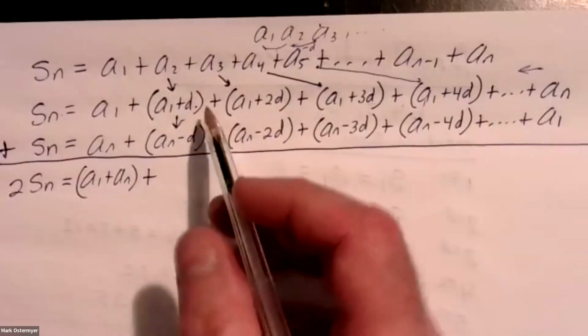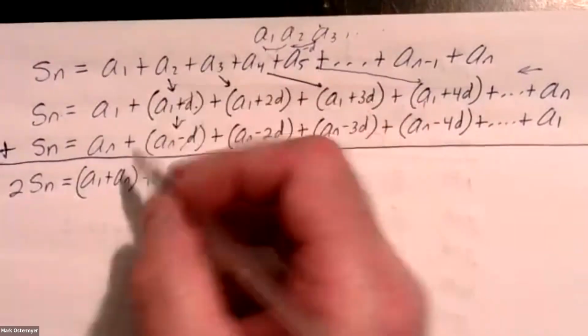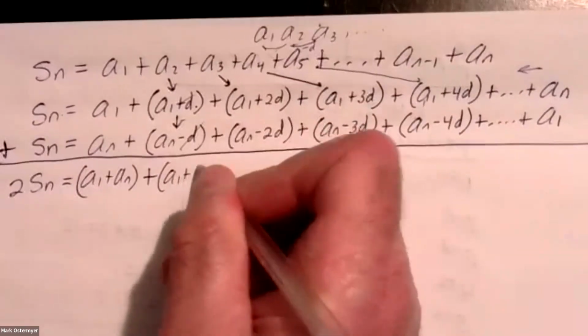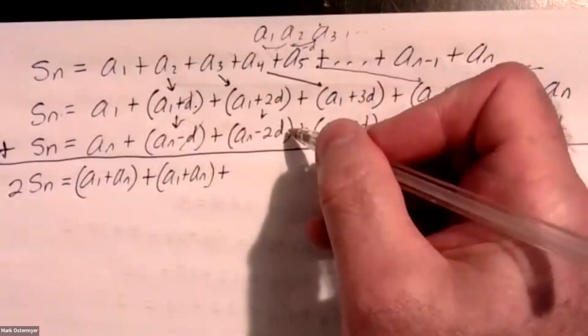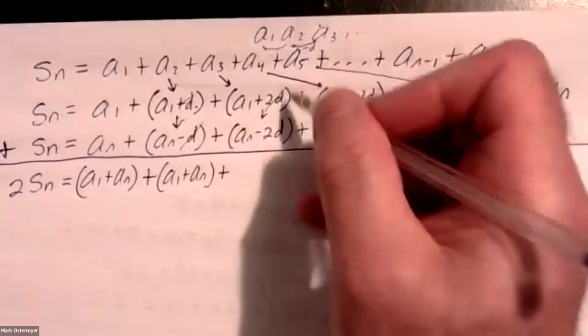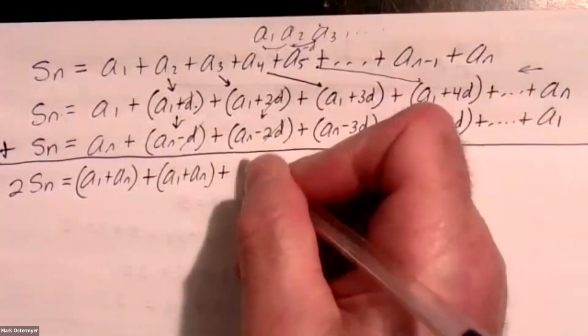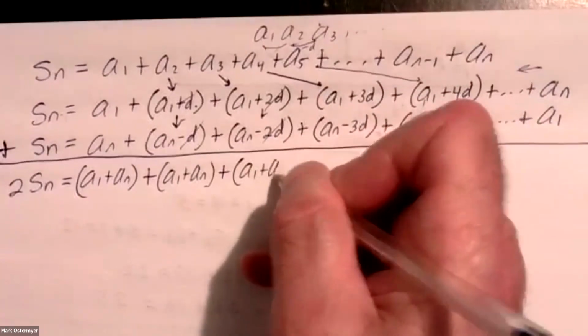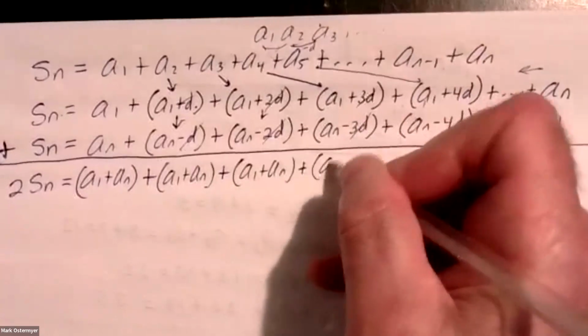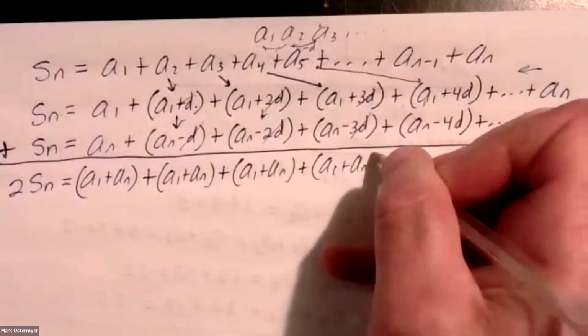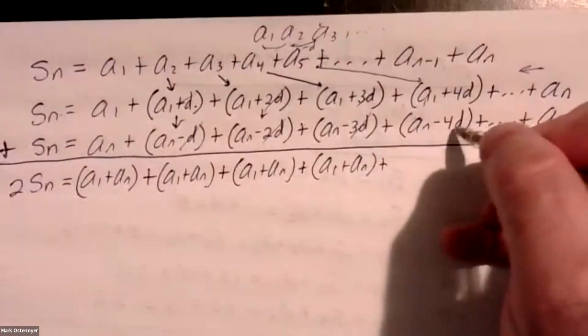The common differences cancel out, leaving me with my first term plus nth term. When I add these terms together, the 2 D's drop out. They add up to 0. They cancel out, leaving you with your first term plus your nth term. In fact, all these are going to cancel out, leaving you each time with your first term plus your nth term.